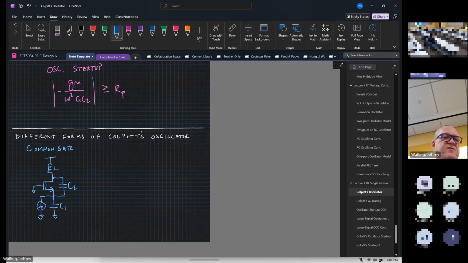And you can see that because one of the capacitors is tied to one terminal of the inductor, and the top terminal goes to the supply, which is a virtual ground. The bottom terminal, C1, goes to a ground, which is also a virtual ground. And so those capacitors are in series and they're in parallel with the inductor. We have a common source form.